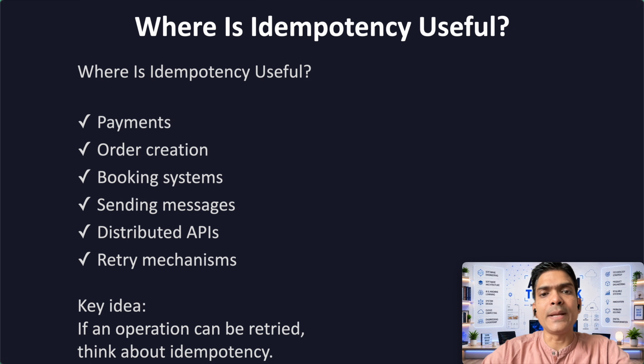The key idea is simple: if an operation can be retried, think about idempotency. Any operation that creates, charges, books, or sends something should be designed with idempotency in mind.